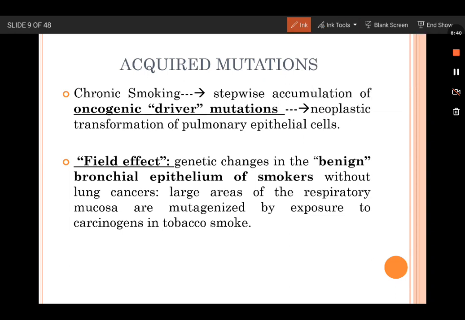So this means that in people who do not have lung cancer, we say that not every smoker can develop lung cancer. 80% of lung cancers occur in smokers, but there are people who smoke but don't get lung cancer. The benign bronchial epithelium in those people is still exposed to the mutations caused by carcinogens in the tobacco smoke.